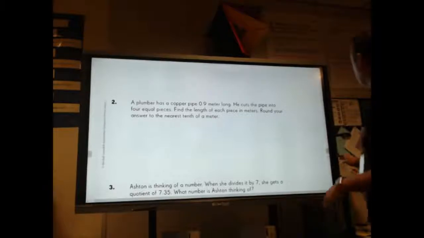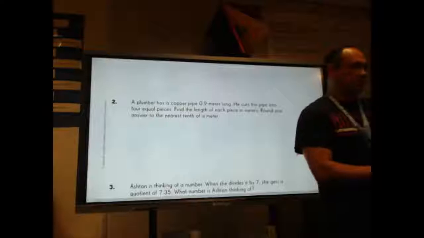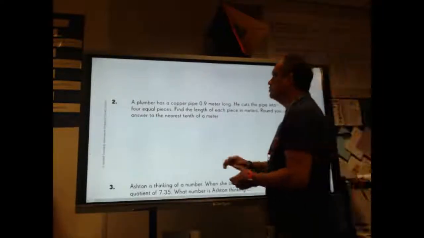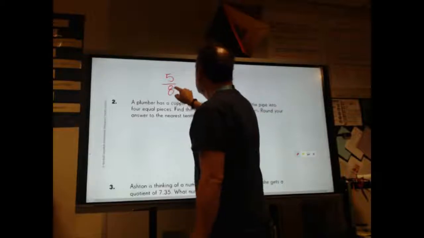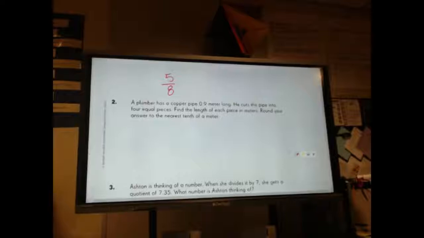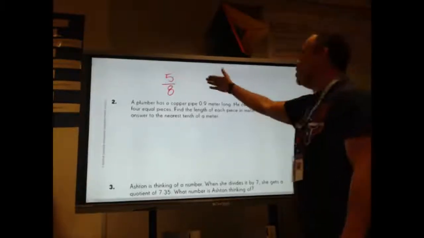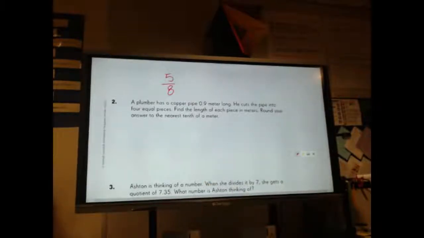But before we get started with the problem, let's review something. Who can tell me what this is? A fraction, right? And Alexander, what does 5 of 8 mean?